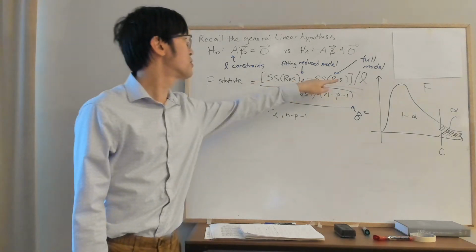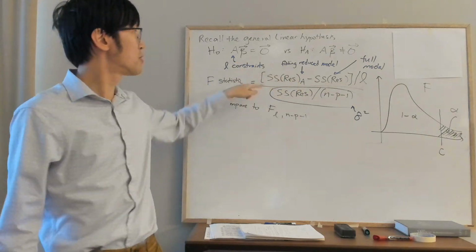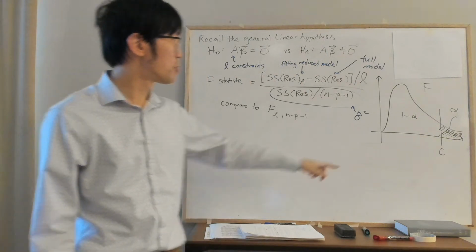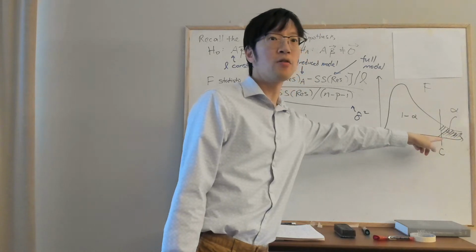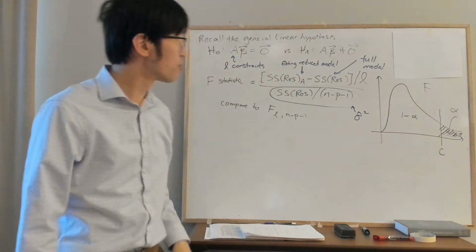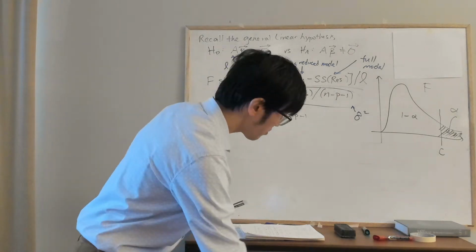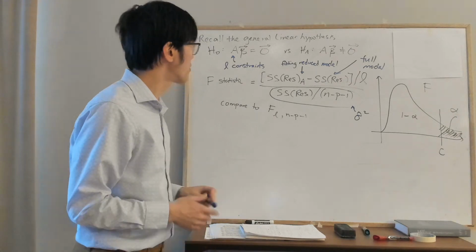Therefore, when this is large, that is evidence against the null. So we're on the right side of the F distribution, and we reject when this test statistic lies in the rightmost alpha in terms of the quantiles of the F distribution. Okay, that is a recap of last lecture.